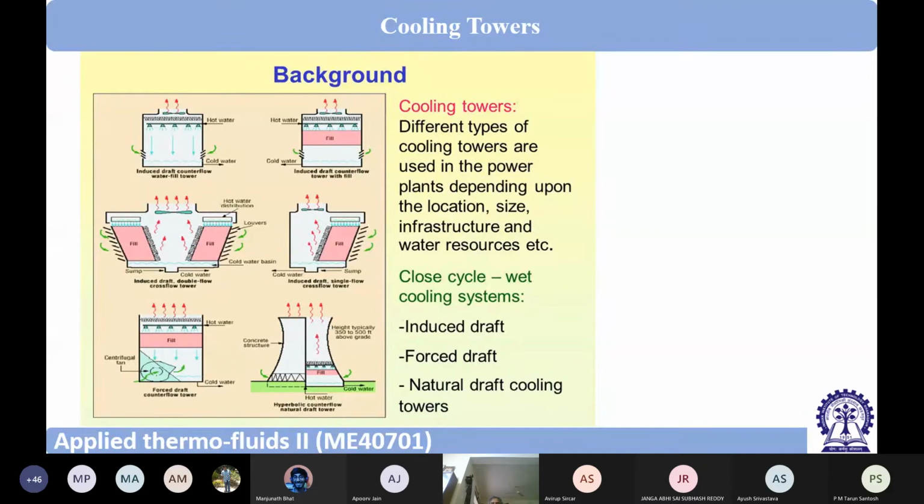So depending on draft, cooling tower can be divided into two broad categories. One is natural draft and another is mechanical draft.